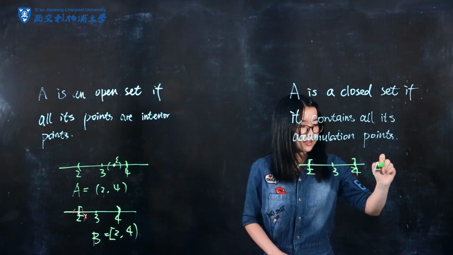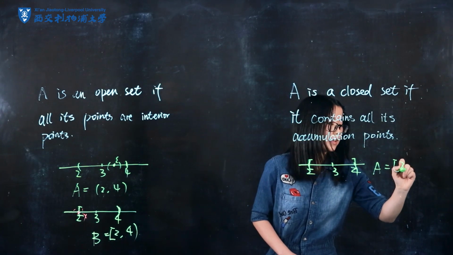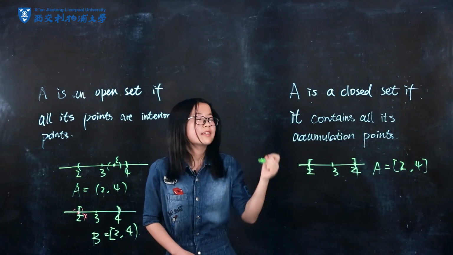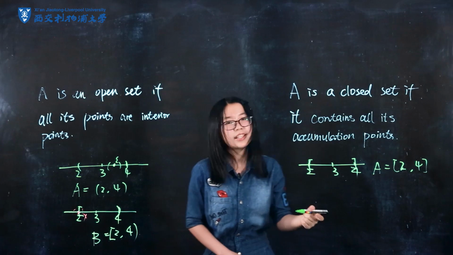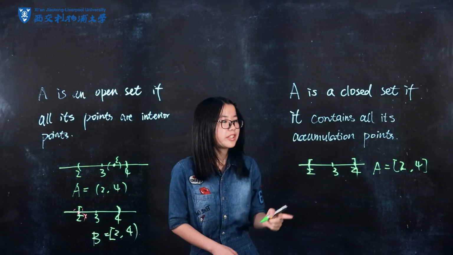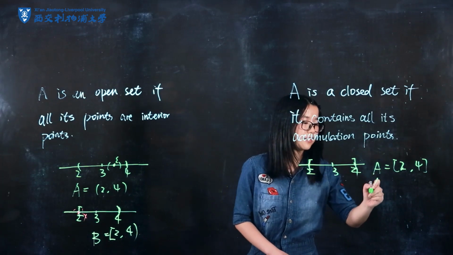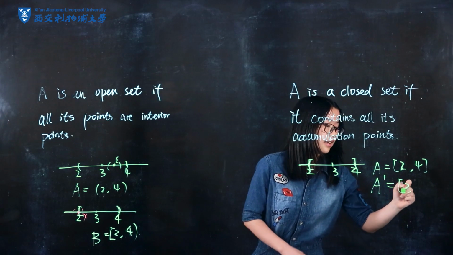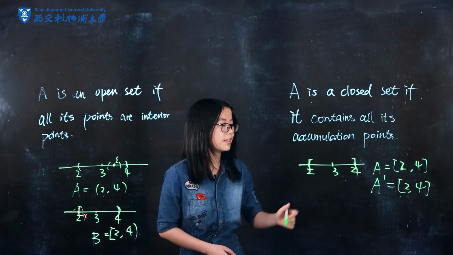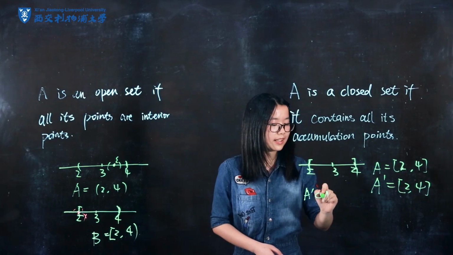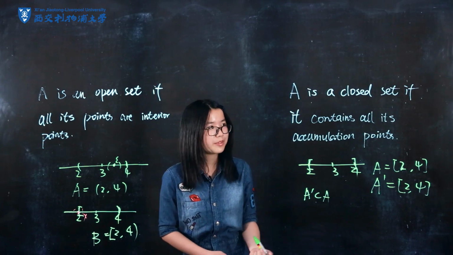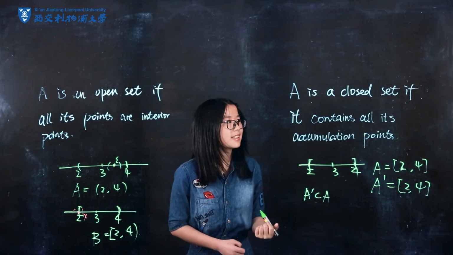A is defined as 2 to 4, and 2 and 4 are contained in the set. Then this is a closed set, because the set of its accumulation points is just 2 to 4, the set itself. A prime means the set of all its accumulation points. So A prime is contained in A. That is to say, A contains all its accumulation points, so A is a closed set.